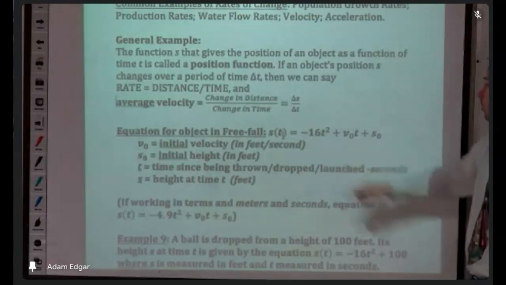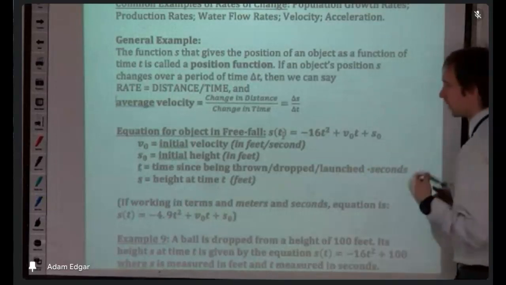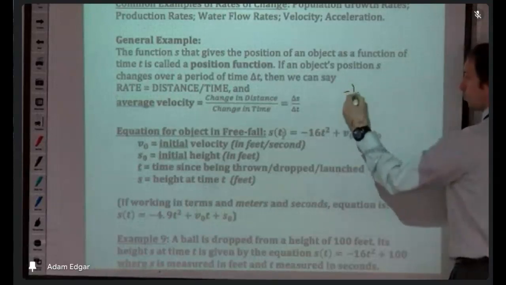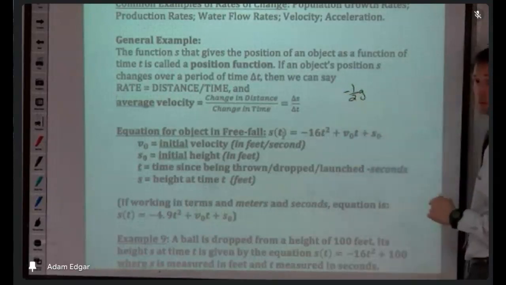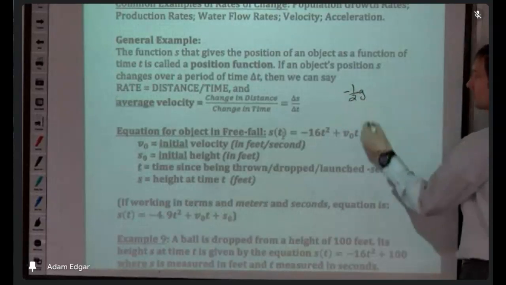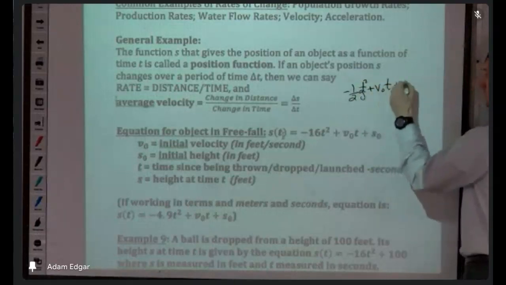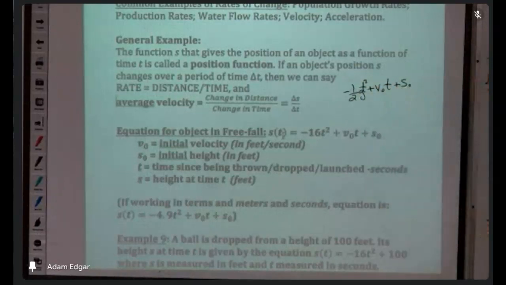So the really generic form, because this is specific to Earth, if we wanted to go to Jupiter or Pluto or something, we could do a little bit different. So it's -1/2 times g times t squared, plus v naught t, plus s naught, where g is the acceleration due to gravity. So on Earth, the acceleration due to gravity is 32 feet per second squared.